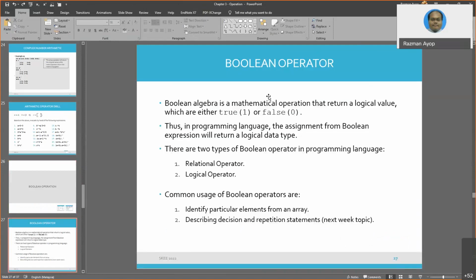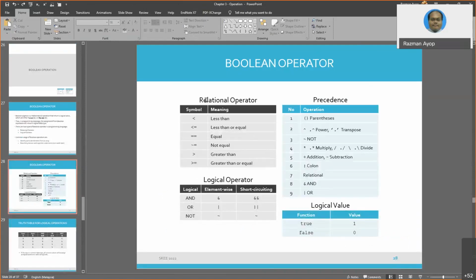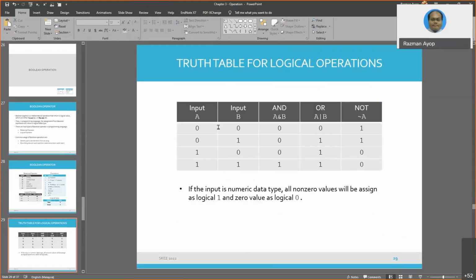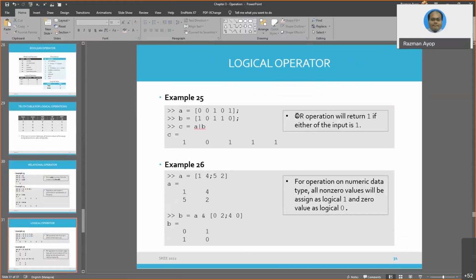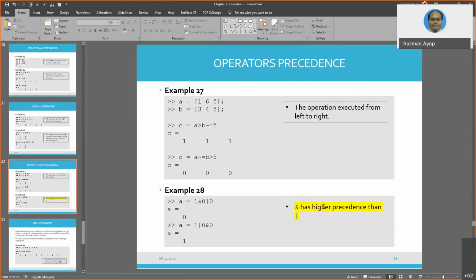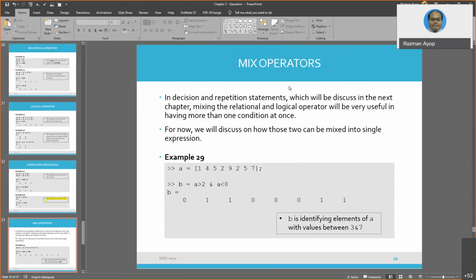And then the Boolean operation: what is the relational operation, what is the logical operation. You have to do AND first, and then OR. NOT also you have to do first. And then you have basic operation, who has the highest precedence, and then mixed operation.